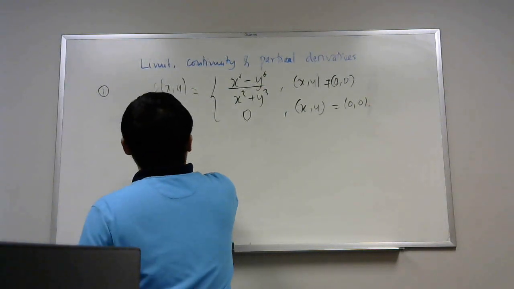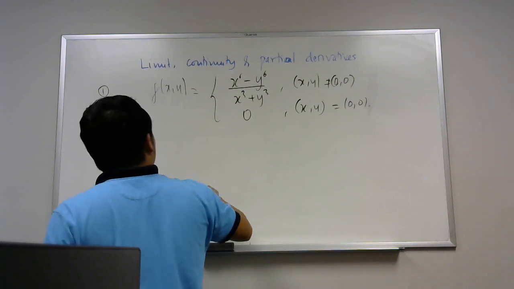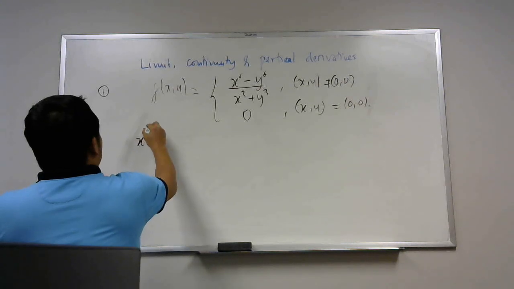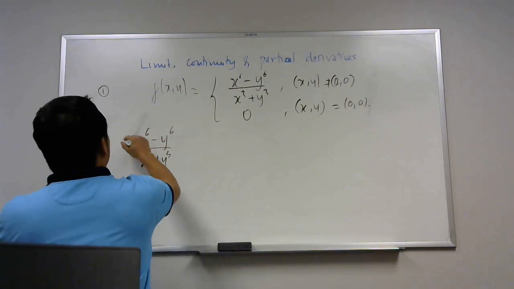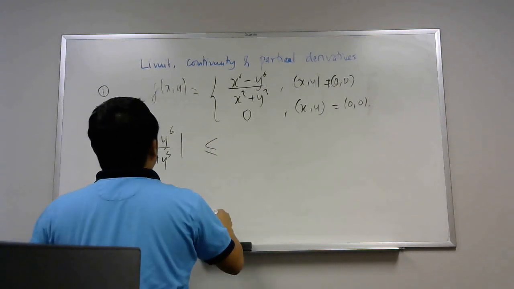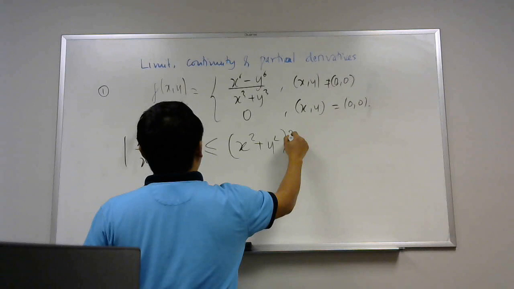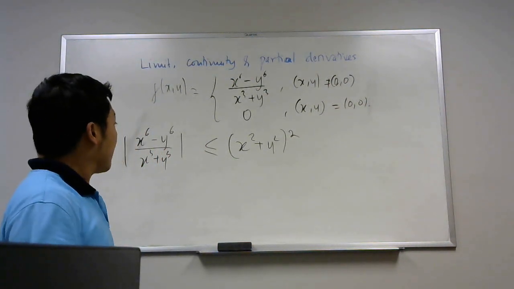Okay, let's verify that based on the following observation. You can see (x^6 - y^6) over (x^3 + y^3) is less than or equal to, I would say, x^2 + y^2 squared. That is enough for me. We can see that easily.